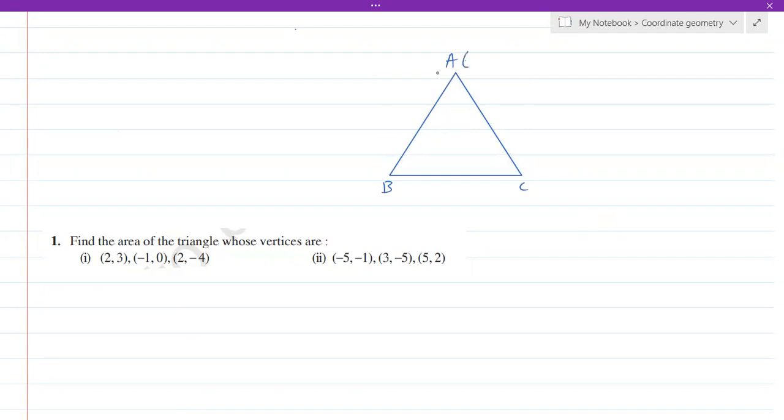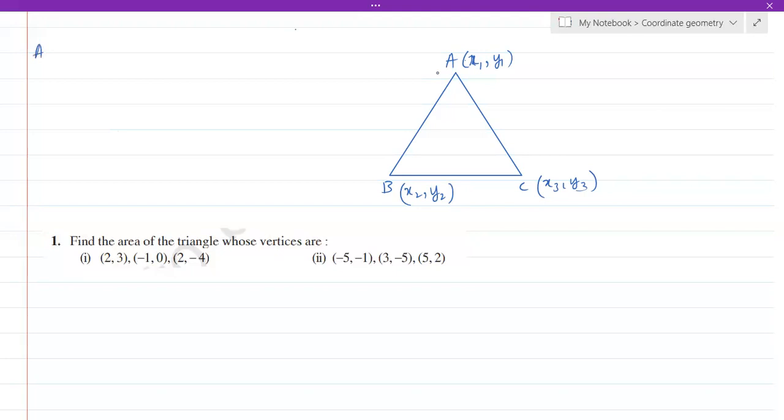Let's say the coordinates of A are (x1, y1), the coordinates of B are (x2, y2), and the coordinates of C are (x3, y3). Here they have given us the coordinates, and using these coordinates itself, we can find the area of the triangle.